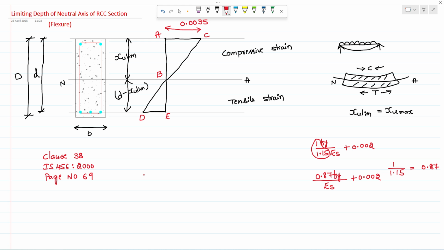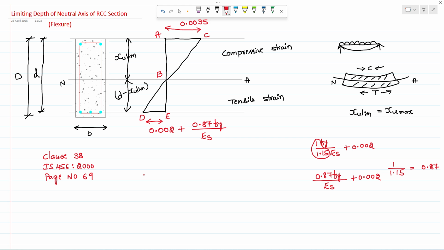So this is the maximum strain in the tension reinforcement. So the tensile strain can be written as 0.002 plus 0.87 Fy divided by ES. So this is the tensile strain. Clear?